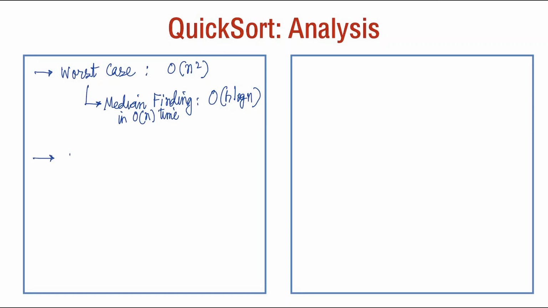The other is the average case, where again we can get an order n log n average case algorithm, for which you have to set up a new recurrence equation.